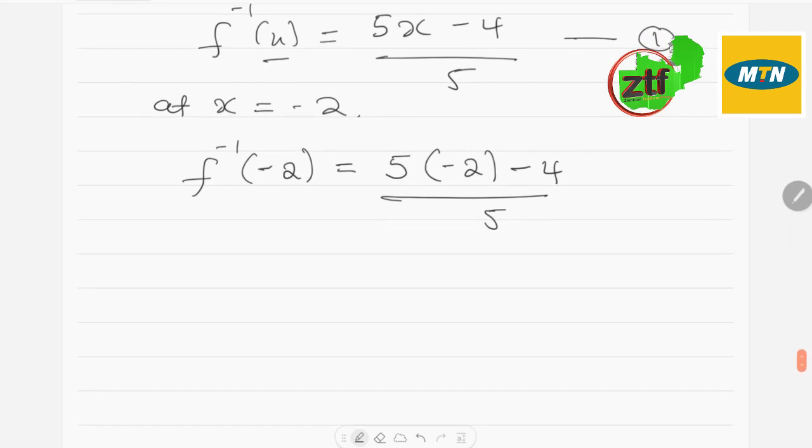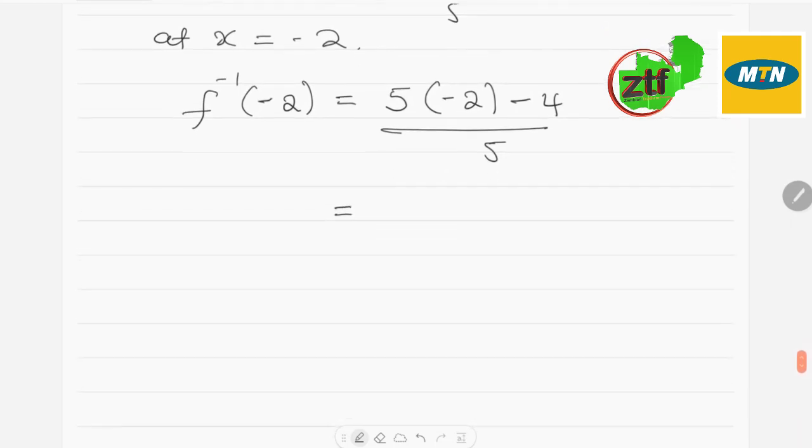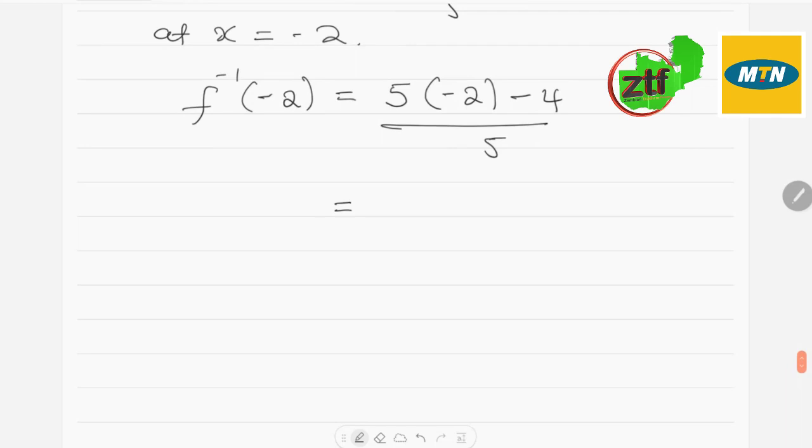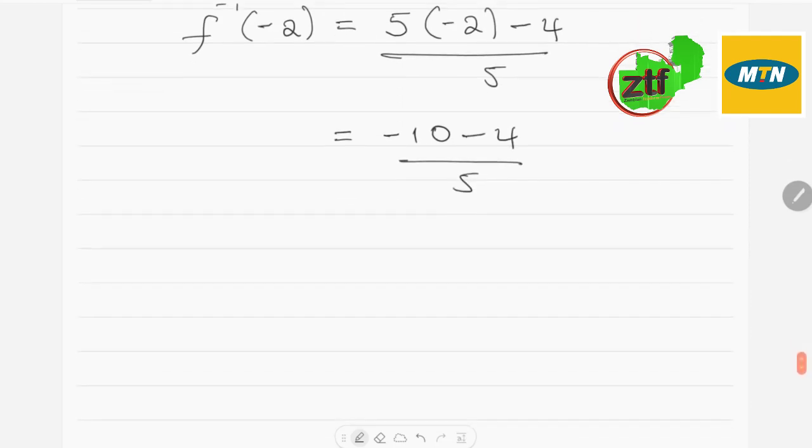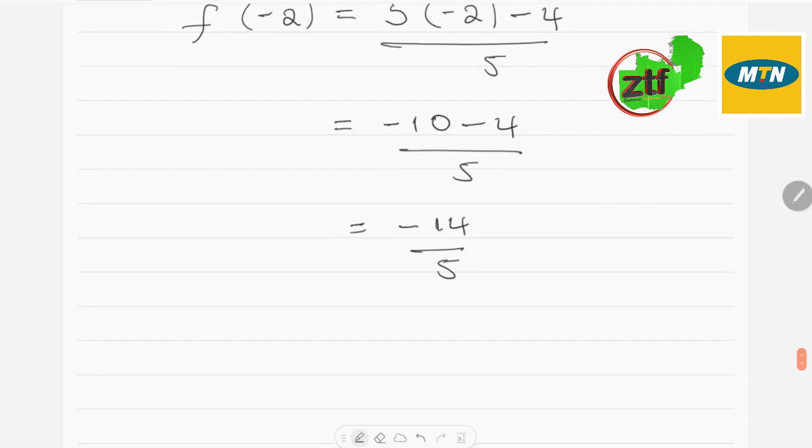All right. Then simplifying the right hand side, we will have 5 multiplied by minus 2. We will have minus 10. Then minus 4 over 5. So minus 10 minus 4, we will have minus 14 over 5, and that is the value of f inverse of negative 2.